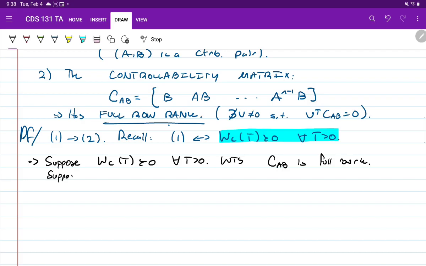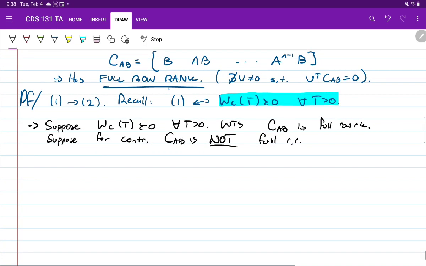So suppose for contradiction C_AB is not full row rank, all right? So what this means is that there exists a vector v, which is non-zero, such that v transpose times C_AB is in fact equal to 0, all right?